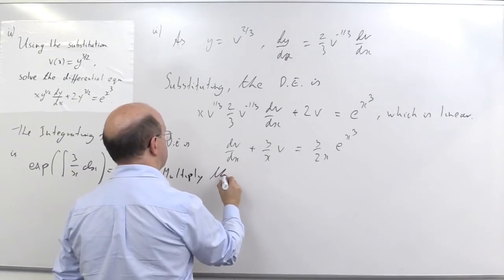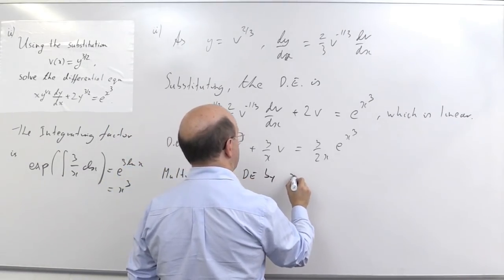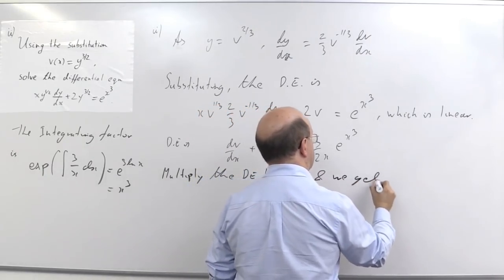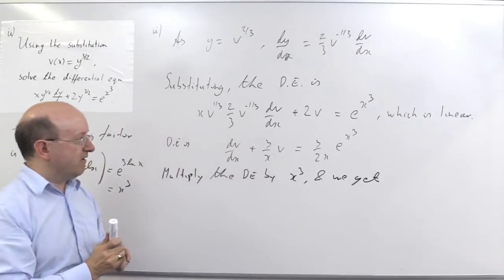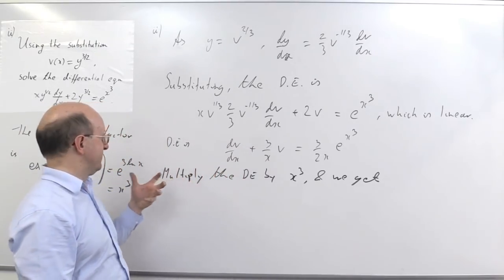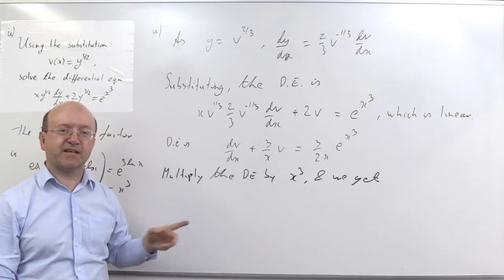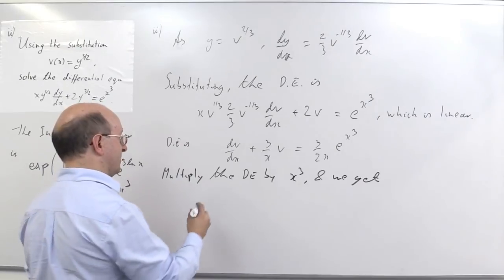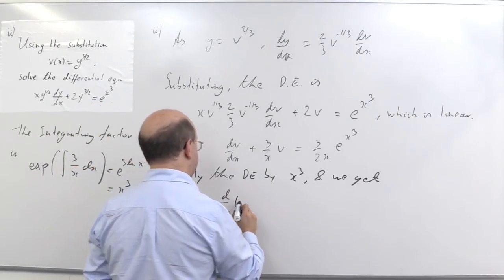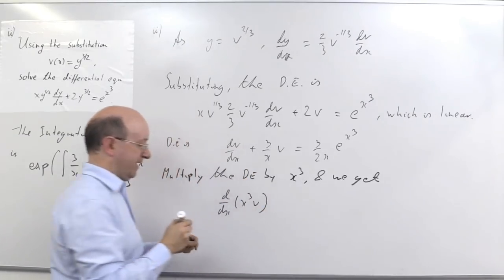Multiply the DE by x cubed, and you get, well, I'm not going to actually write down what we get with multiplying by x cubed. I'm going to rely on the fact that we've designed the whole process so that what we get on the left-hand side will be d by dx of the integrating factor, x cubed in our case, times the dependent variable, which is v.